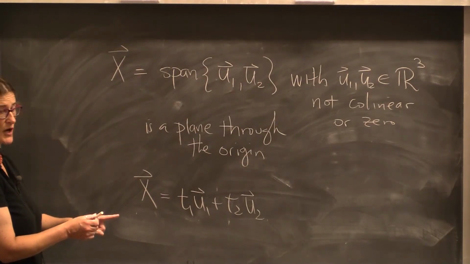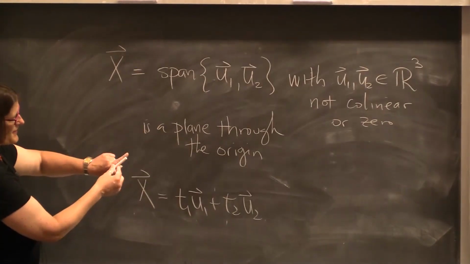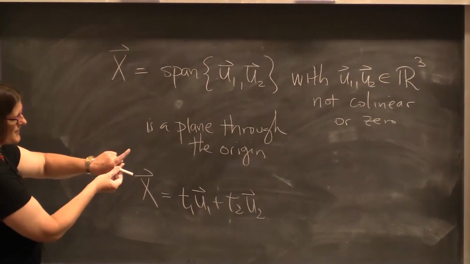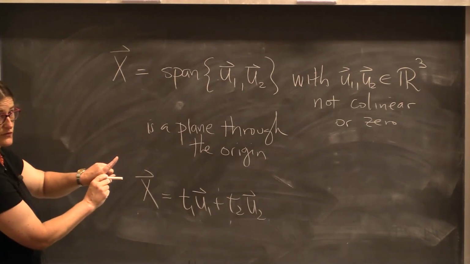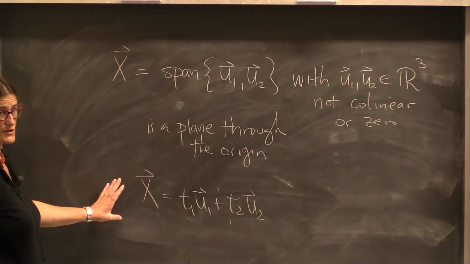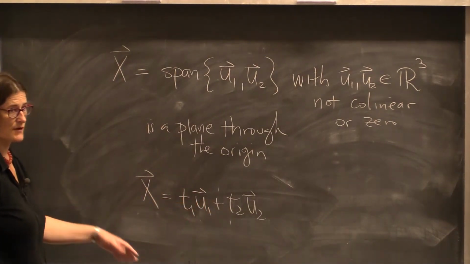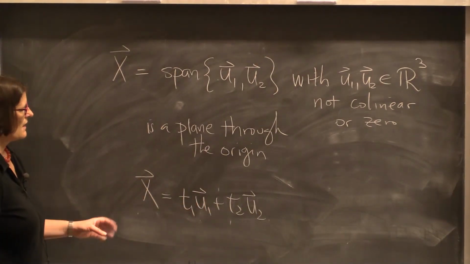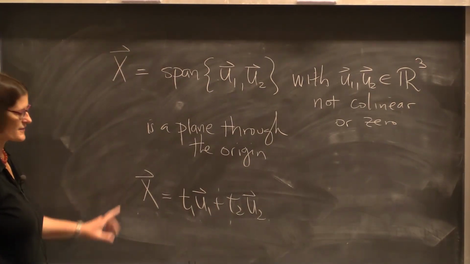And once you talk about every linear combination, you're going to get everything in that quadrant, everything in that quadrant, and so on and so forth. So you believe on some level that this is a plane through the origin. It's through the origin because t1 equals t2 equals 0 gives you the 0 vector. And so one thing that you need to get your head around is this is a collection of vectors.